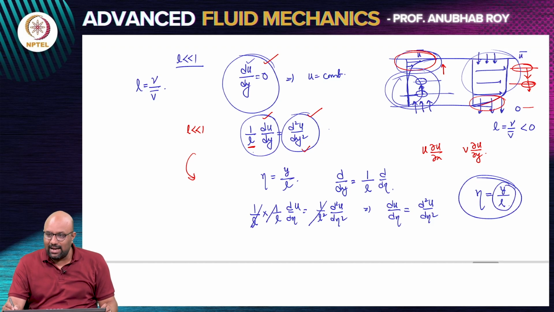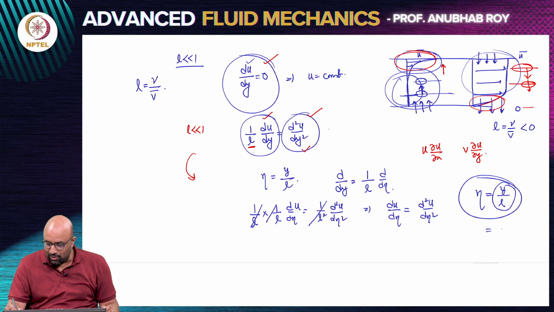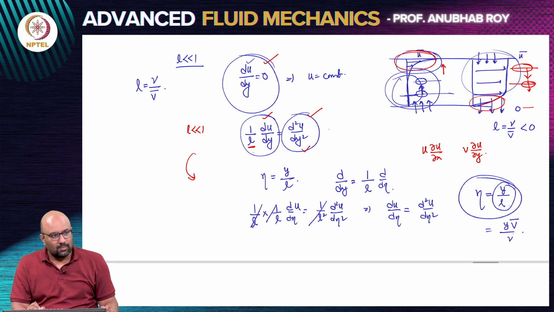This is basically magnifying the region. So in this new coordinate, which is y by L, if you write in terms of the variables we have in the problem, this is y times v bar by nu. So there is a length scale over which advection and diffusion can be shown to be equally important.